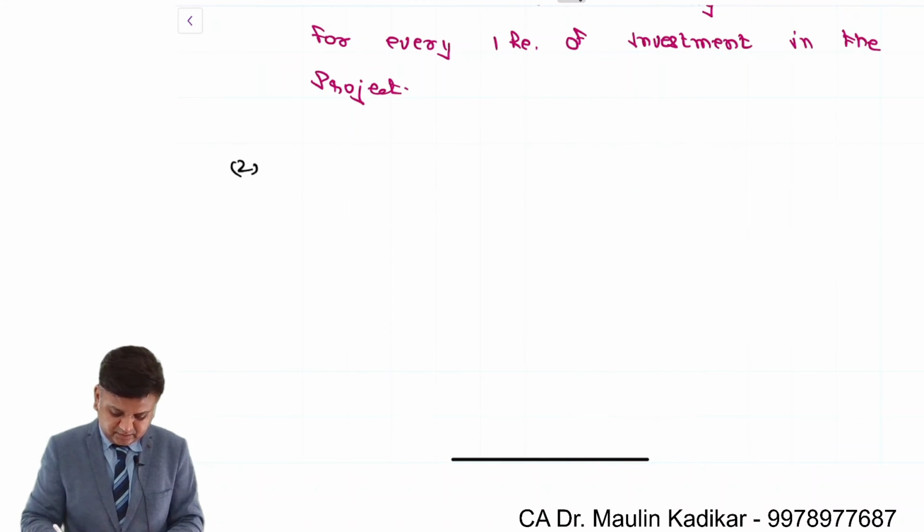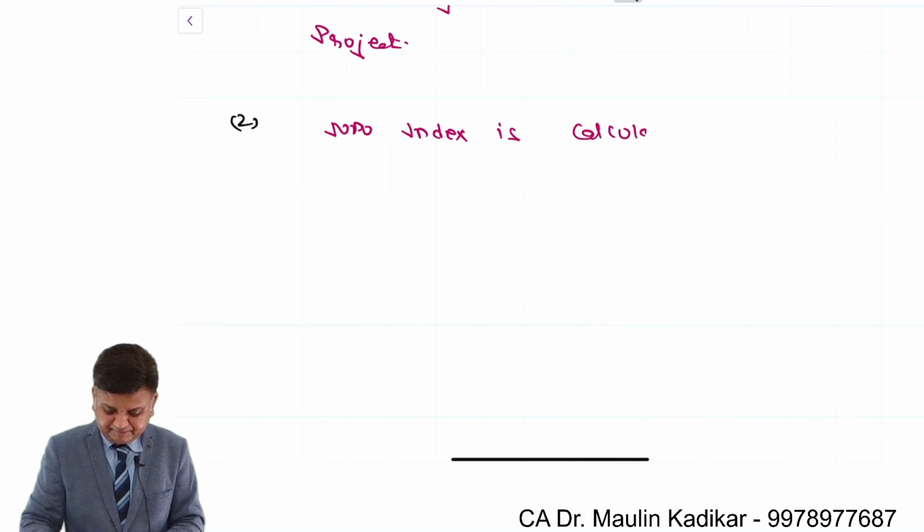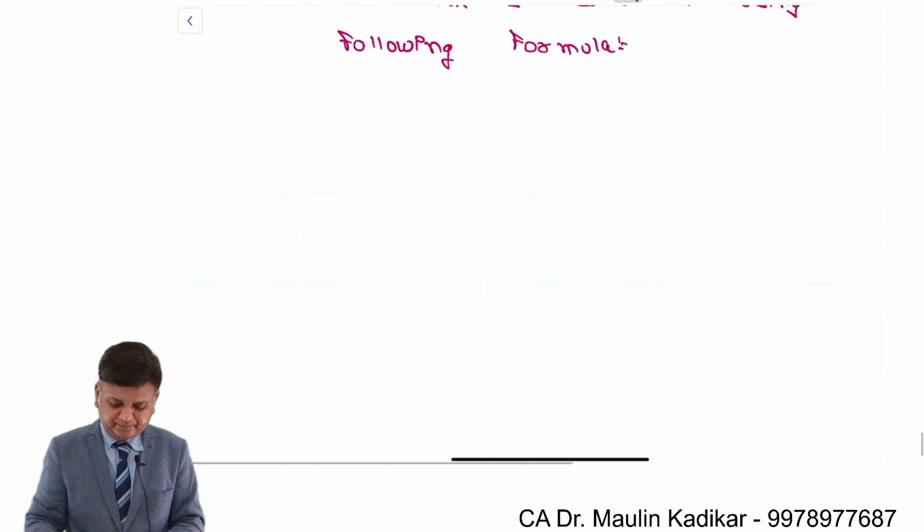Second point: NPV index is calculated using the following formula. Write down the formula: NPV upon investment.